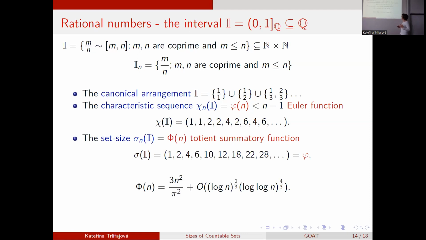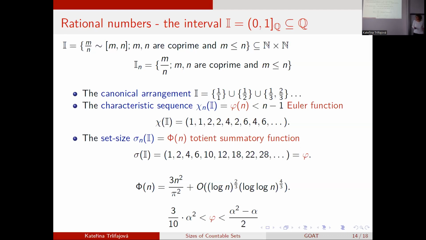And again, we know how to estimate this Gaussian symmetry function like this, and therefore, if we denote the size of the unit interval by the letter phi, then we can estimate this phi this way.